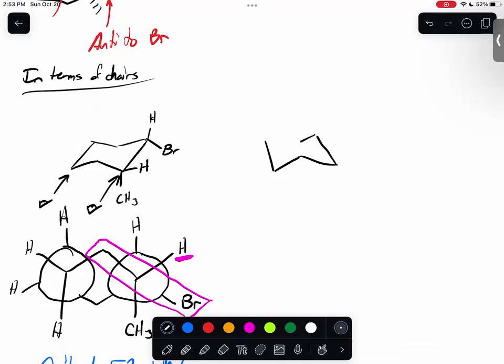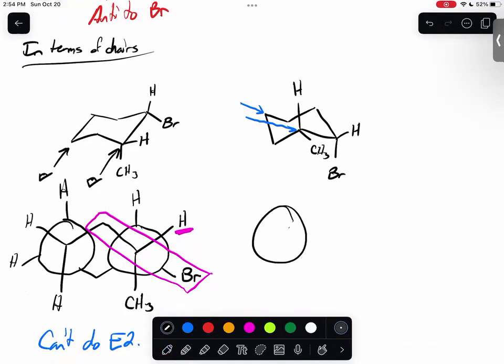With the chair flip, our hydrogen is now up on the axial position, CH3 right there. The bromine is down on the axial position. If we look down these bonds for our Newman projection, the front carbon is pointed up on this one.